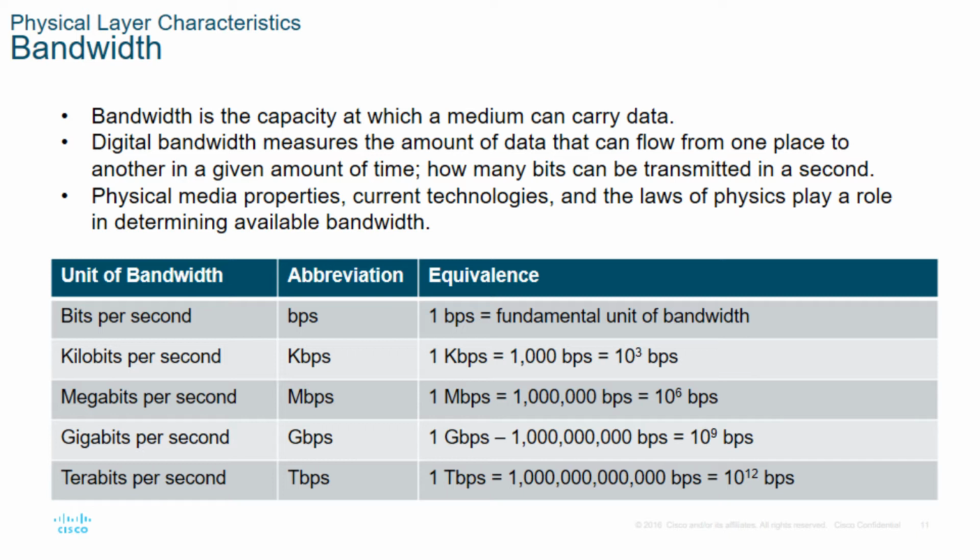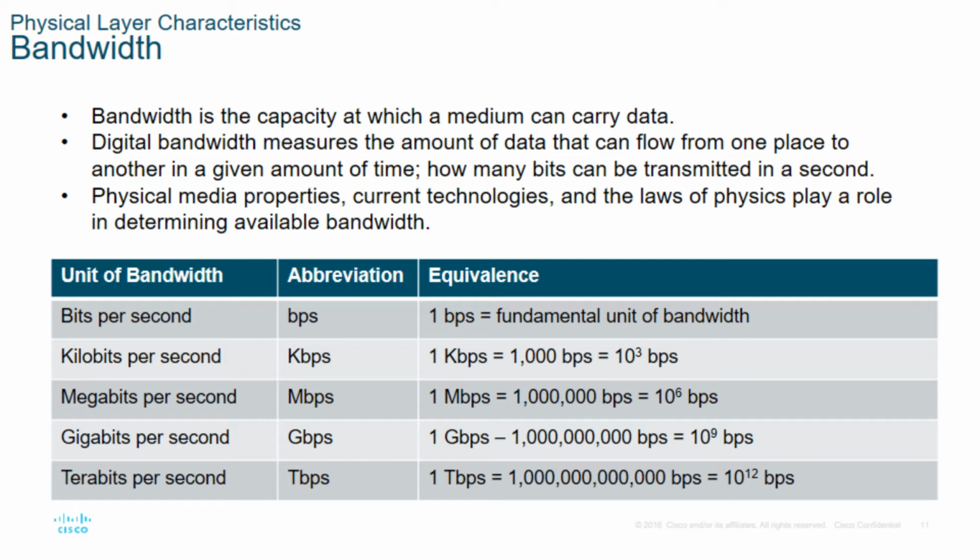Bandwidth is typically measured in kilobits per second (kbps), and also in megabits per second (Mbps) or gigabits per second (Gbps). Bandwidth is sometimes thought of as the speed that bits travel. However, this is not accurate.